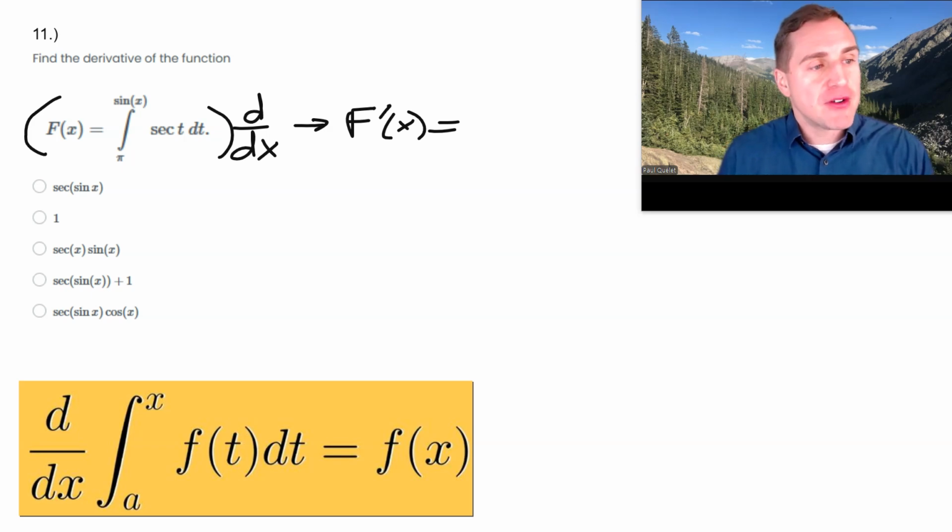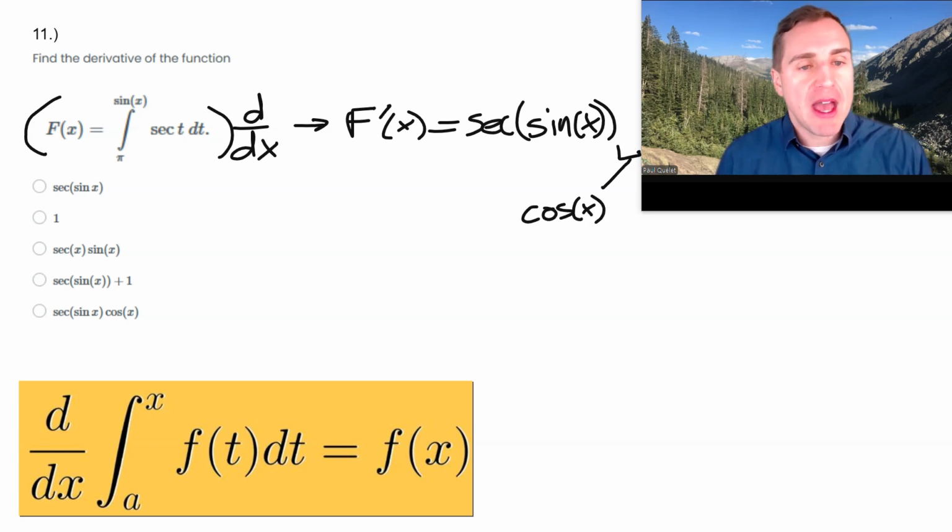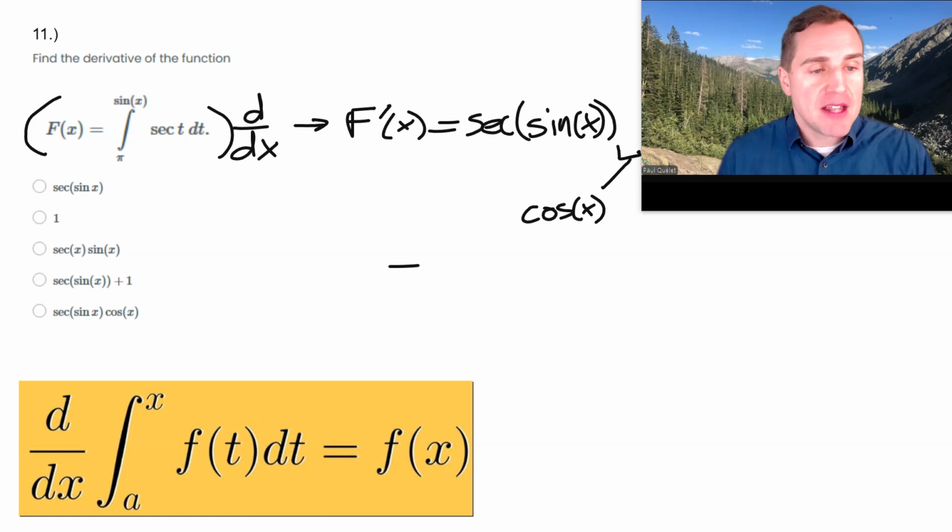So we're going to put in for t sine x. So we've got secant of sine x, and then for dt right here, we need the derivative of this upper bound. So that's cosine x. Then we have minus, because the fundamental theorem of calculus says upper minus lower, the secant of pi.